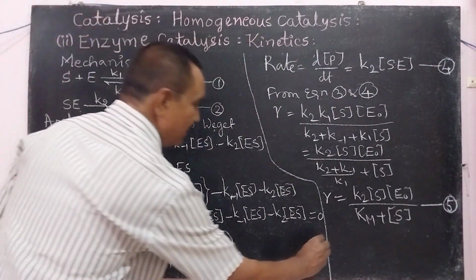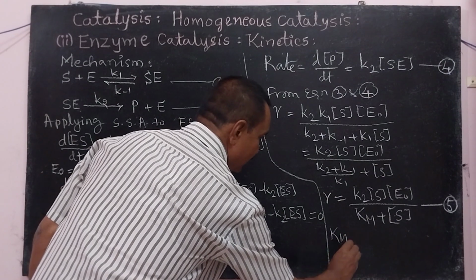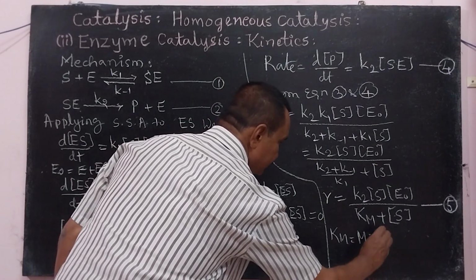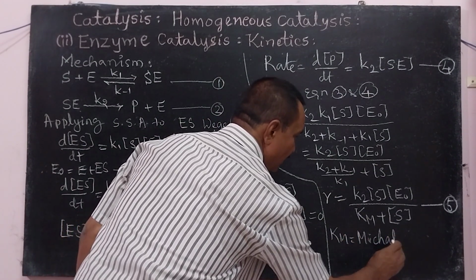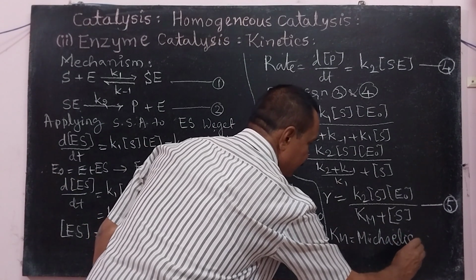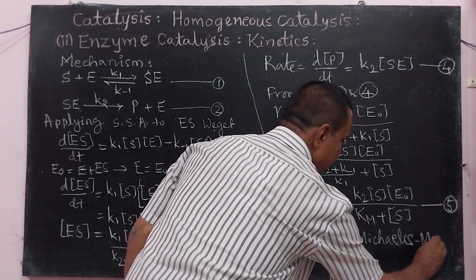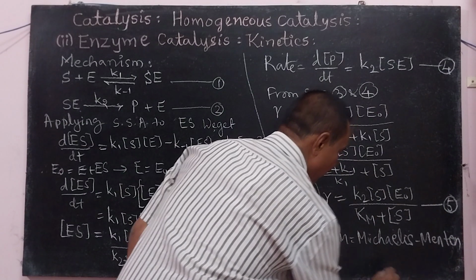That is, Km is the Michaelis-Menten constant.